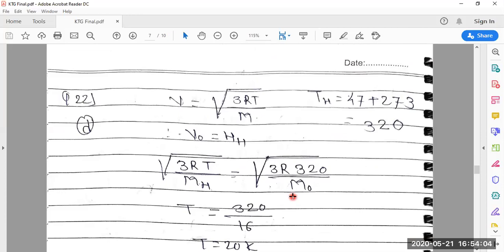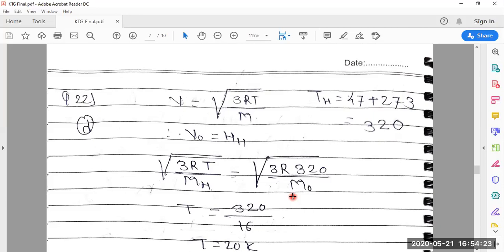Question number 22. At what temperature is the RMS velocity of a hydrogen molecule equal to that of an oxygen molecule at 47 degrees Celsius?